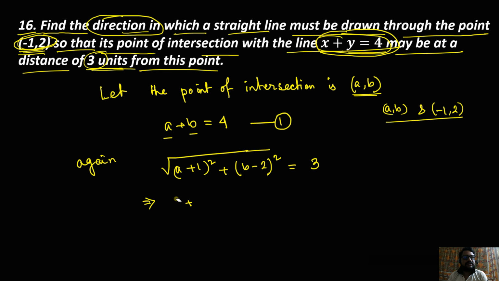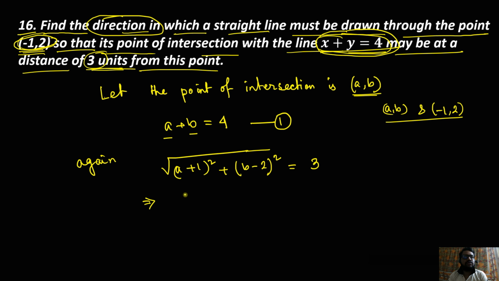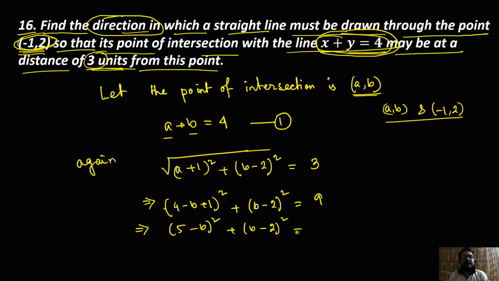Let's substitute from the above equation a equal to 4 minus b. So 4 minus b plus 1 whole square plus b minus 2 whole square equal to 3 square, that means 9. So 5 minus b whole square plus b minus 2 whole square equal to 9. Next step: 25 minus 10b plus b square plus b square minus 4b plus 4 equal to 9.